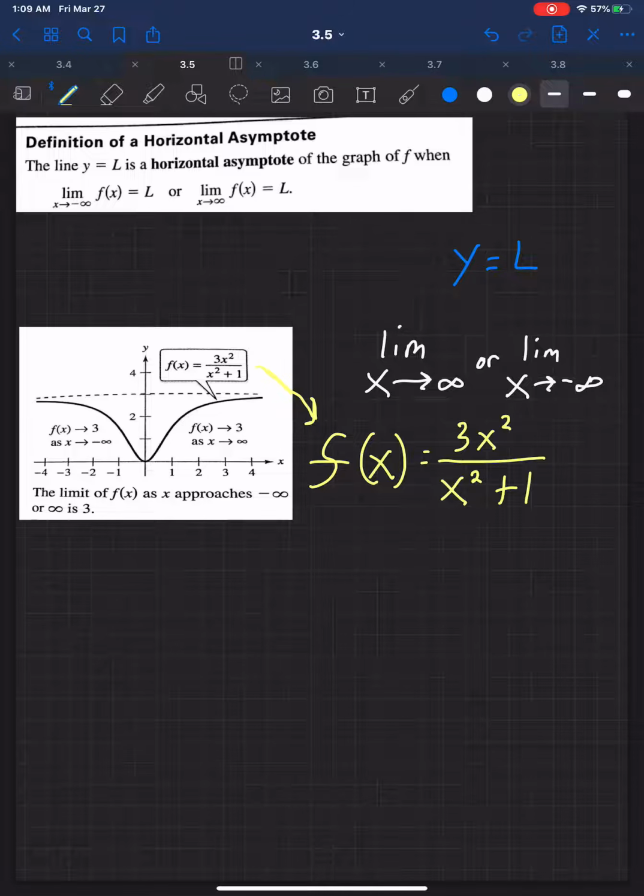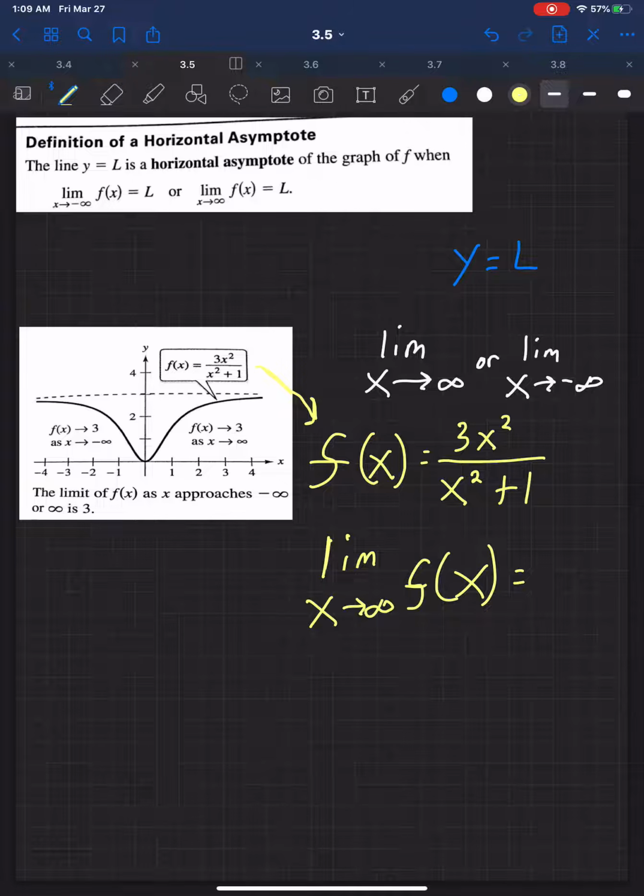And what we are going to be able to state is, if you want to find the horizontal asymptote, then you could simply ask, what is the limit as x approaches infinity of that same function?